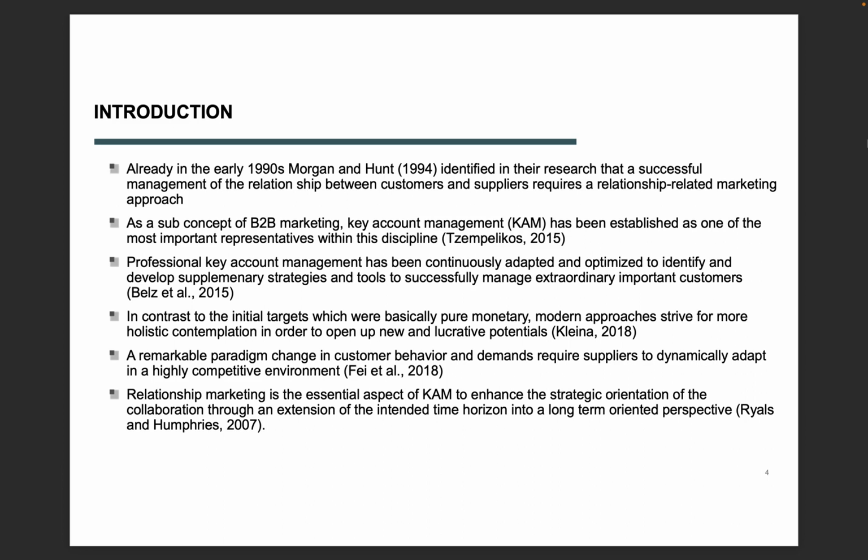There is a remarkable paradigm change in customer behavior and demands visible, and this requires suppliers to dynamically adapt in a very competitive environment. Therefore, relationship marketing is the essential aspect of key account management in order to enhance the strategic orientation of the collaboration, with the always main focus on sustainability and a long-term oriented relationship perspective.